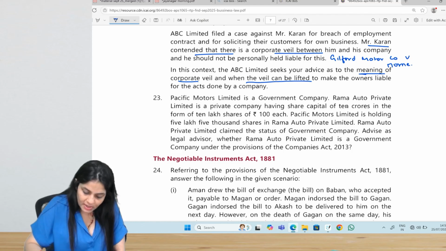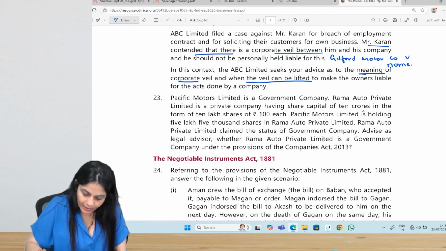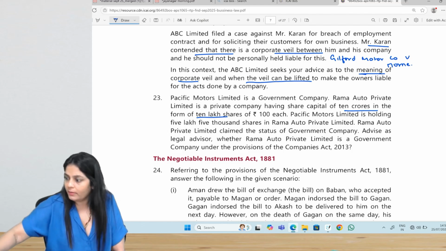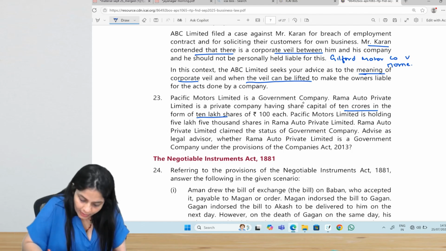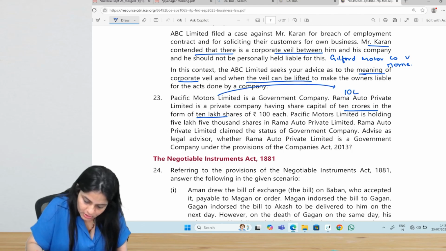Pacific Motors Limited is a government company. Rama Auto Private Limited is a private company having a share capital of 10 crores in the form of 10 lakh shares of 100 each. So how many shares are there? Total number of shares here is 10 lakh. And out of this, Pacific Motors is holding 5 lakh 5,000 shares.